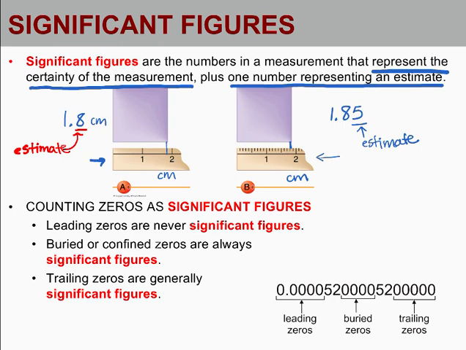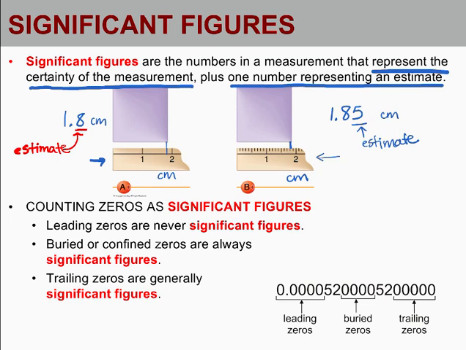So on the left-hand side, we were only able to get to a value of 1.8 centimeters, which isn't very accurate. But on the right-hand side, we had a much better measuring device. So we could say that the length of the square was 1.85 centimeters, which is probably more accurate.